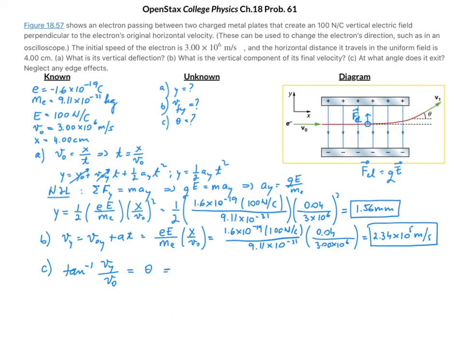That will be inverse tangent of 2.34 times 10 to the 5th divided by 3 times 10 to the 6th. And that is 4.46 degrees.